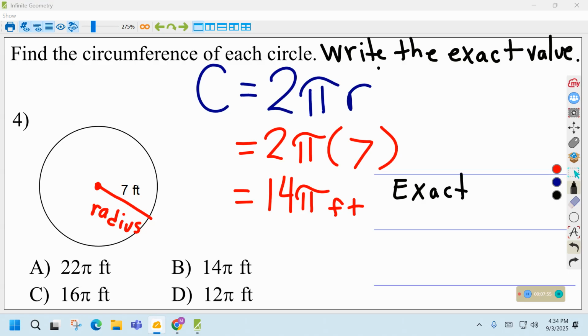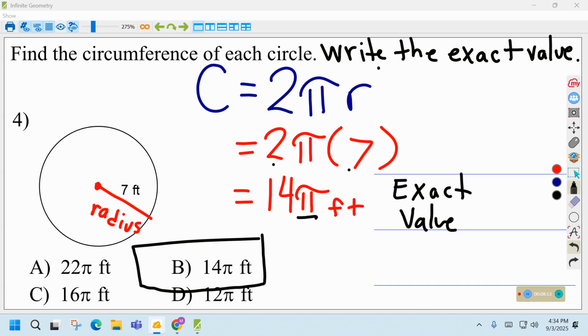When we leave it as pi, that's as exact as we can get, okay? Because anything else would mean I'd have to stop writing the digits, and then it's just an estimate, right? So this is complete, and if you guys see that we have to do B, and this is the answer, okay? And basically, we're just going to have to double whatever our radius is, and we're going to put that in front of pi. So since 2 times 7 is 14, we just put that next to pi, and basically we're ready for the next one.